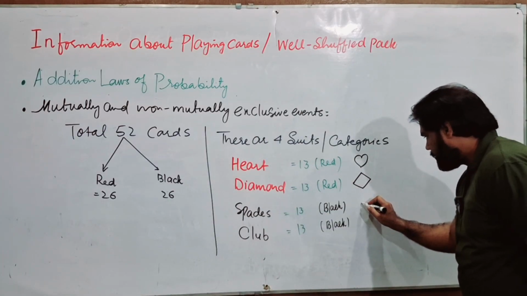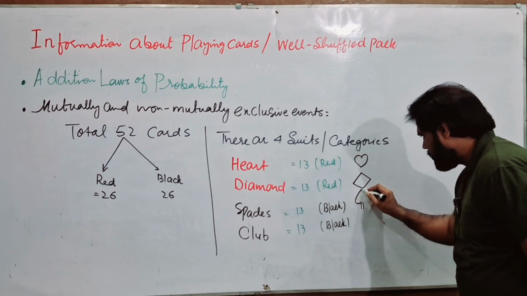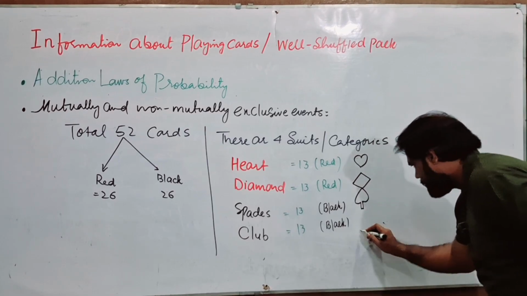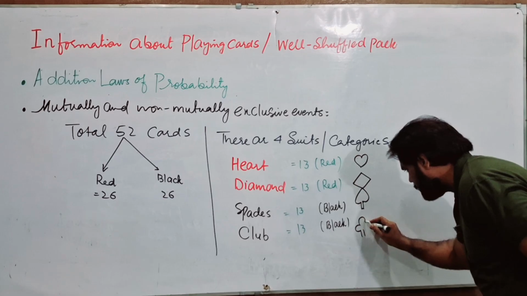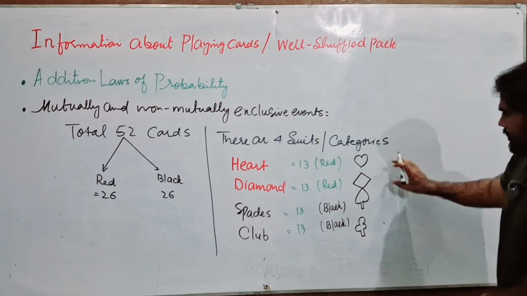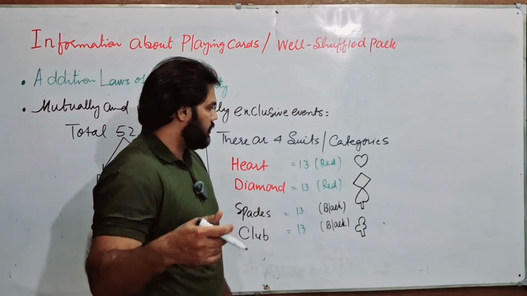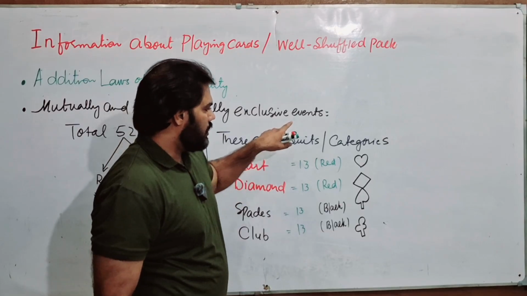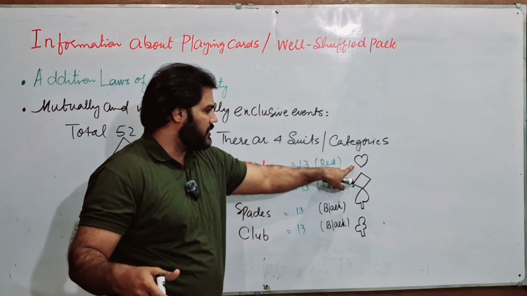Spade looks something like this, and club lastly looks something like this. So these are the symbols displayed on them. Each card will be displayed by this symbol, by this image, you can say.